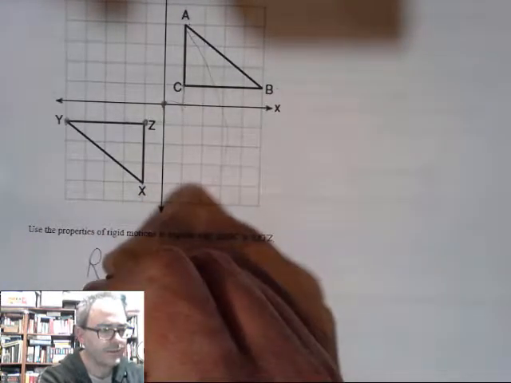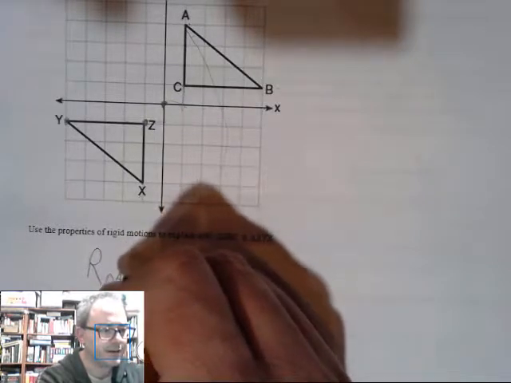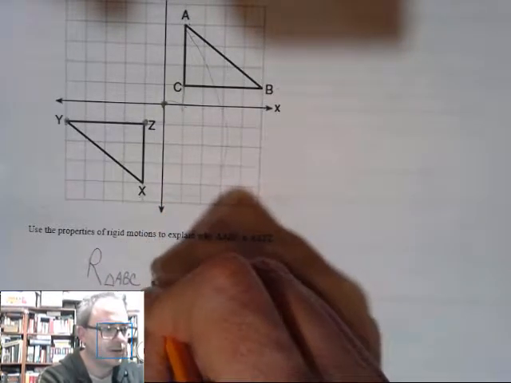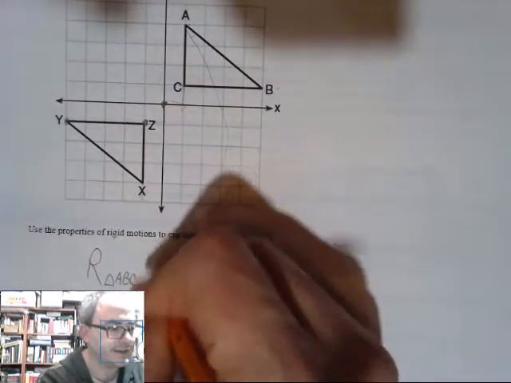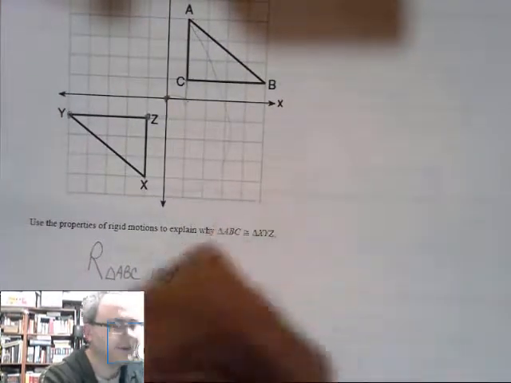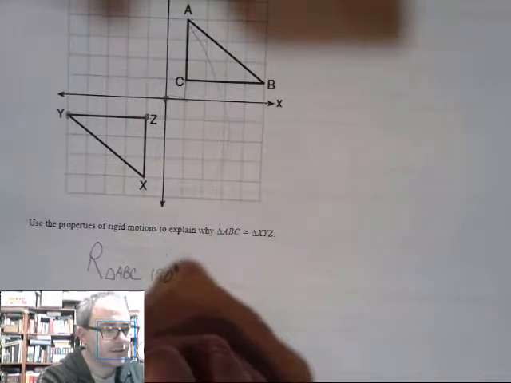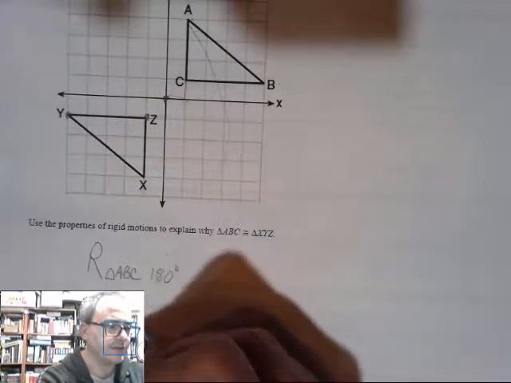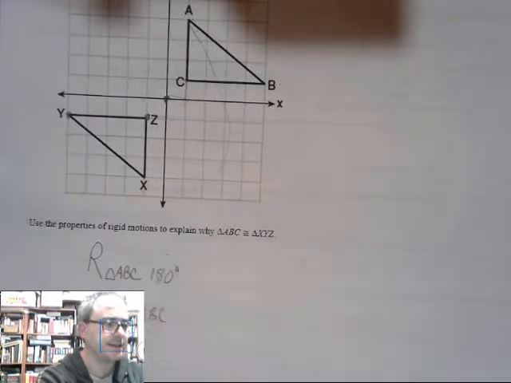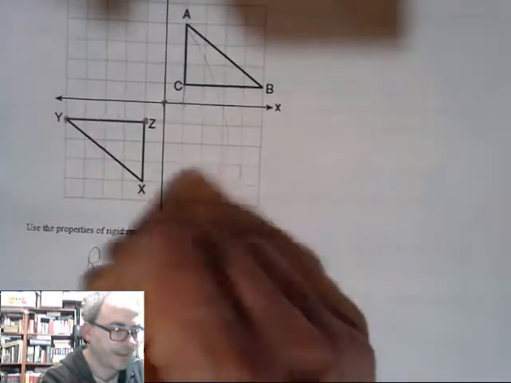I can say capital R, rotate triangle A, B, C, 180 degrees. We could also say reflect in 0, 0, triangle A, B, C. Actually, let me reverse this over here.